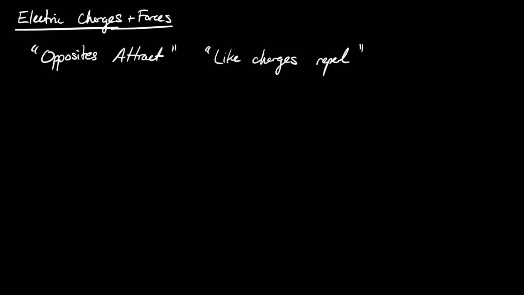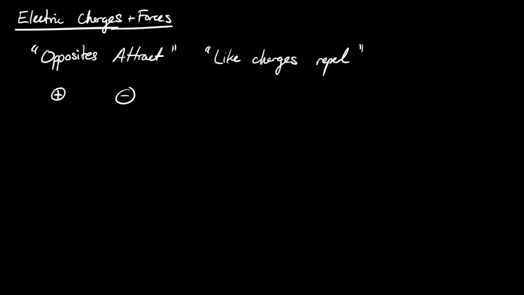Opposites attract is probably the one to remember. So, for instance, if I have a positively charged particle and a negatively charged particle, let's say I fix the location of the positively charged particle, so it's pinned in place, it can't move. In response, the negative charge will slide towards it until it gets close to it, at which point it might even hit it, unless we do something about it.